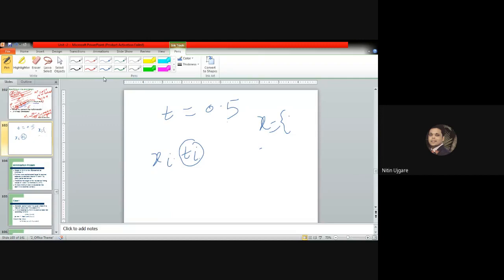Let me take a pen so that I can explain it. So we will calculate for x1. t1 will be calculated as w into xi, that is x1, minus or plus m.